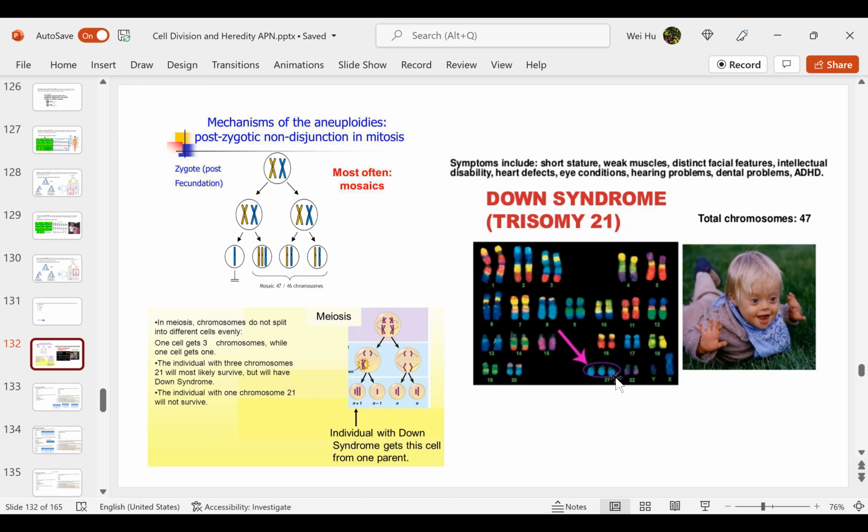They have 3 copies of chromosome 21, a consequence of non-disjunction. It can happen in meiosis or at the beginning of mitosis, though meiosis is probably the major cause.